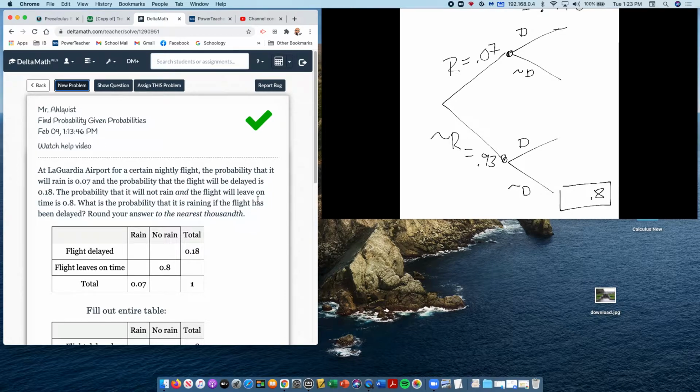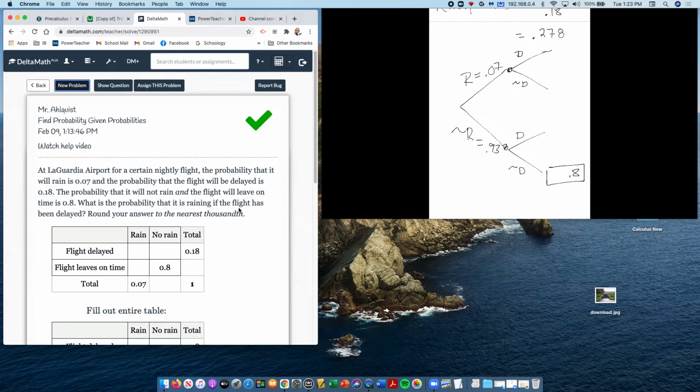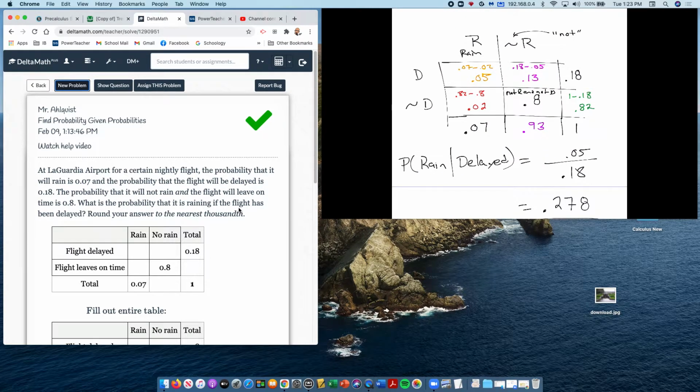Now, the question is, what's the probability that it is raining given that the flight has been delayed? This is going to be pretty challenging, so I'm probably going to stop here, but this is the kind of tree diagram that you would set up. I actually think in this case, it's probably easiest to just do that box thing. So let's just leave it at that.